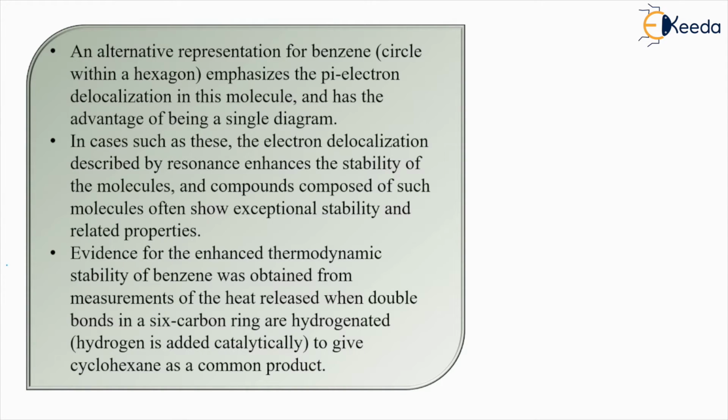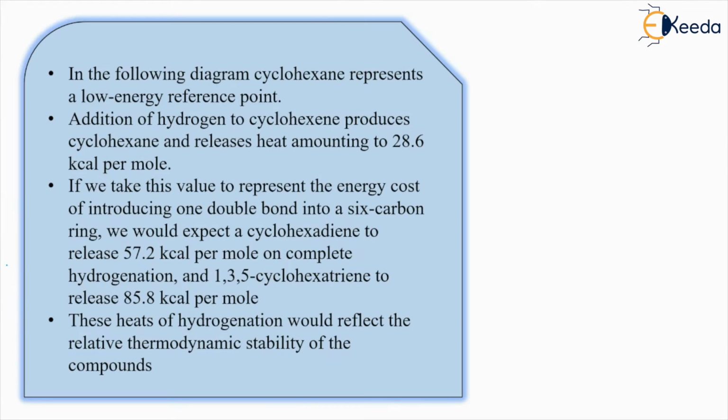That means adding hydrogen catalytically to give cyclohexane as a common product. In the diagram, cyclohexane represents the low energy reference point. Addition of hydrogen to cyclohexene releases heat of 28.6 kcal per mole.